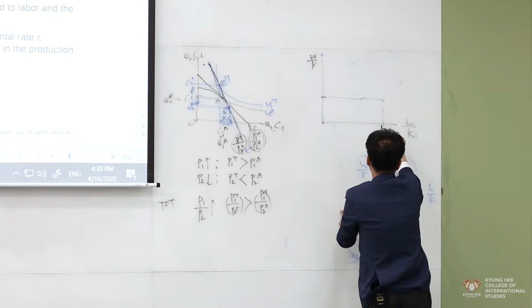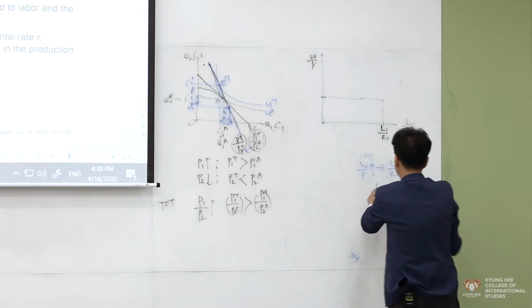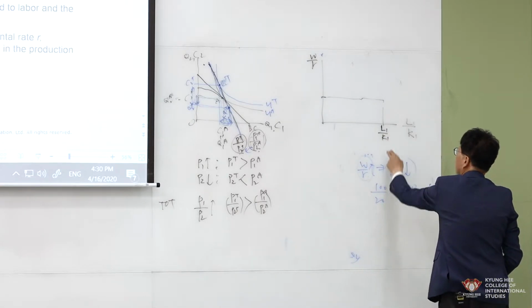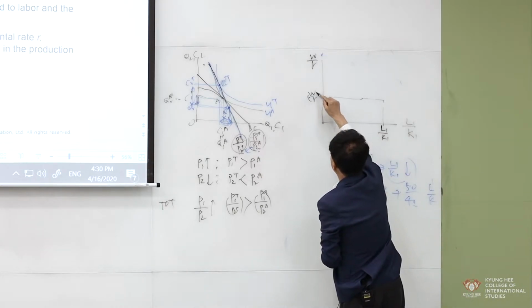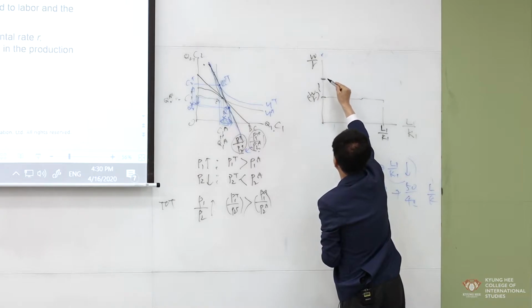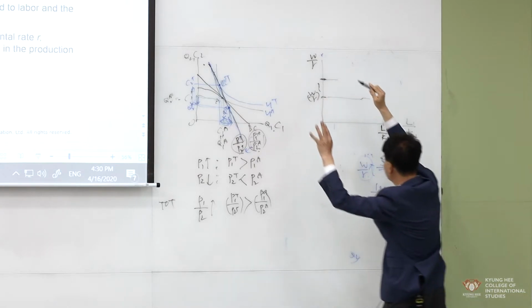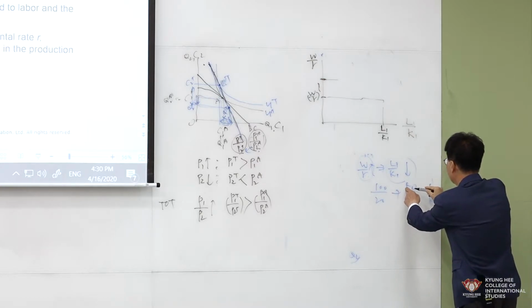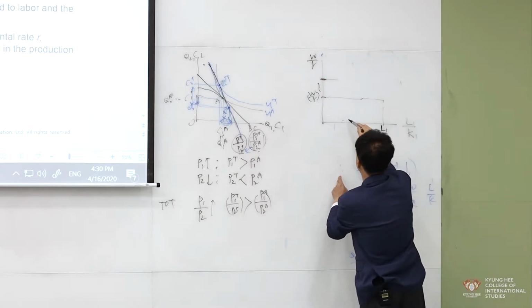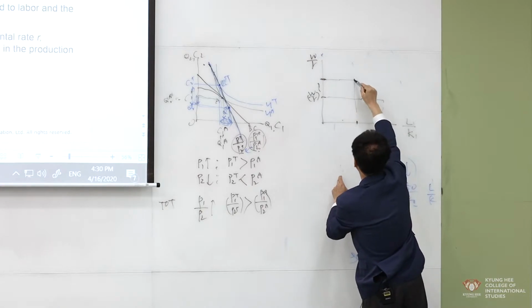L1 over K1 was 100 divided by 20 originally, right? Now, the relative wage rate increases. The new relative wage rate is here. Then L1 over K1 is 50 over 40, for example, like this, right?